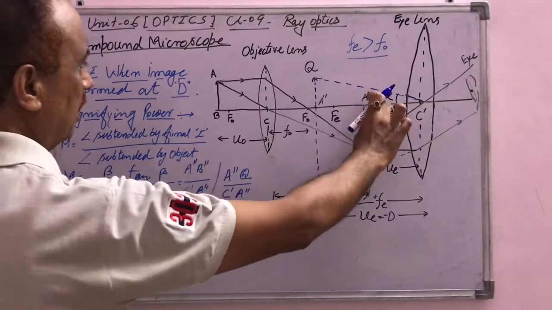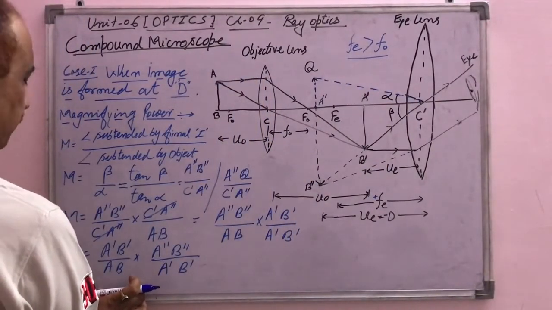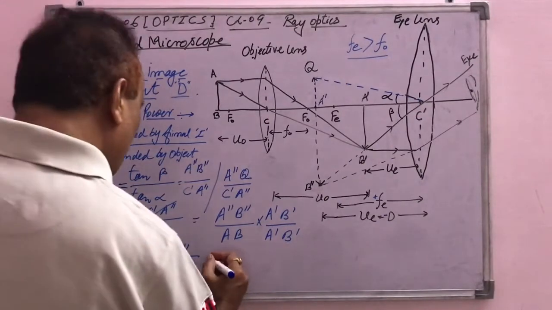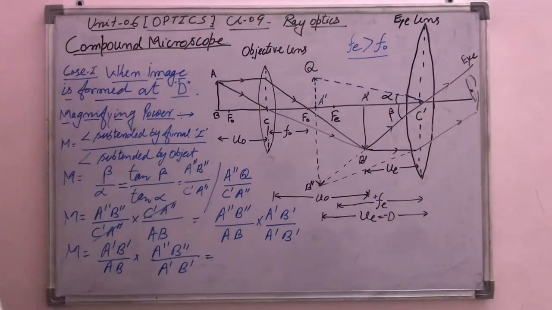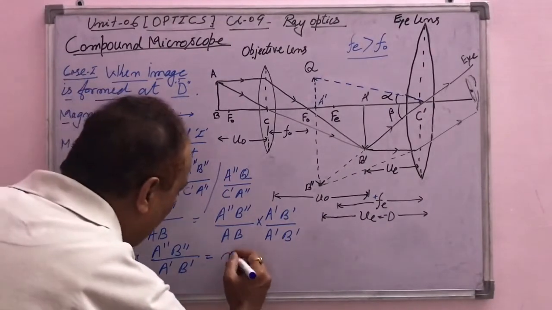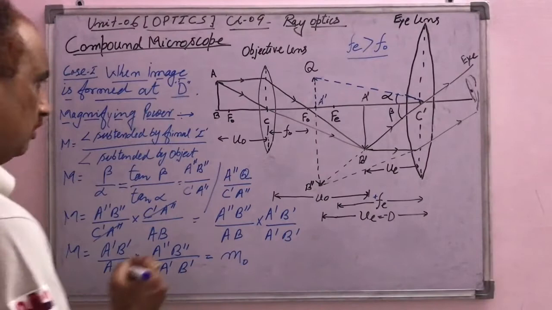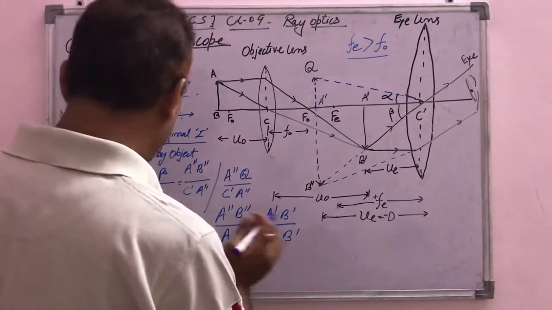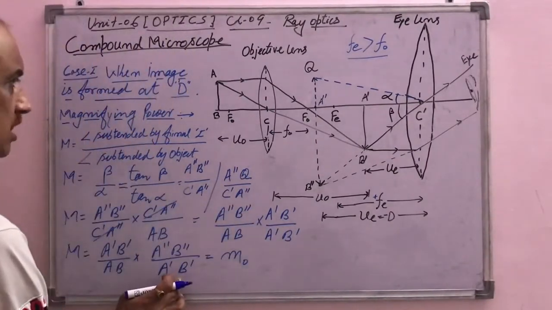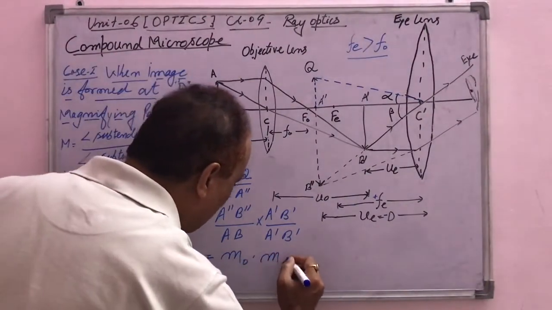Now A dash B dash upon AB is the magnifying power of the objective lens, denoted by MO. And A double dash B double dash upon A dash B dash is the magnifying power of the eye lens.